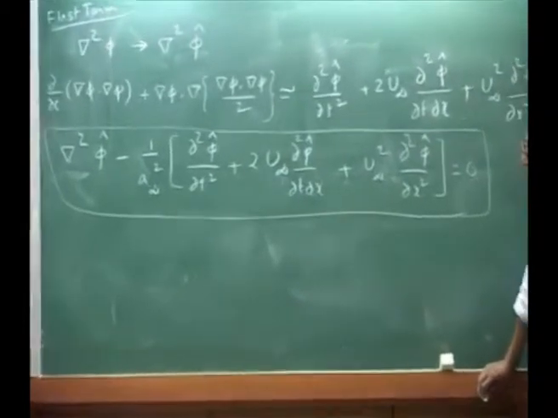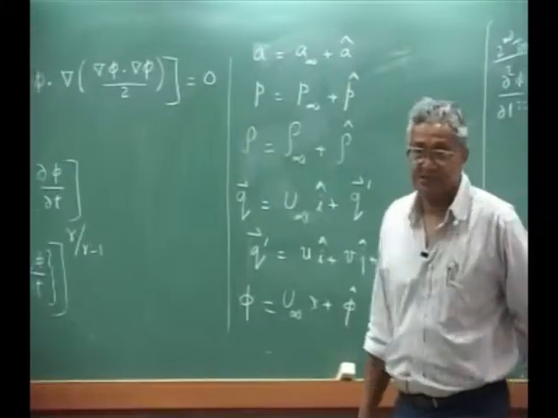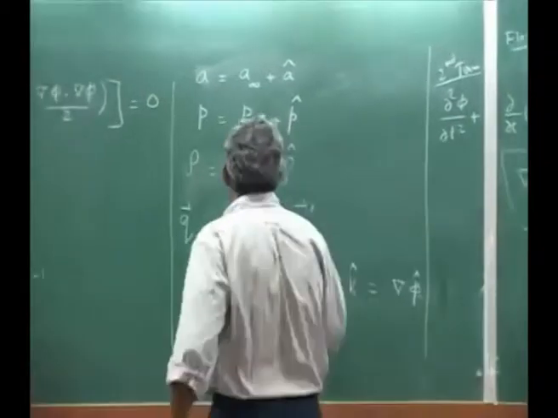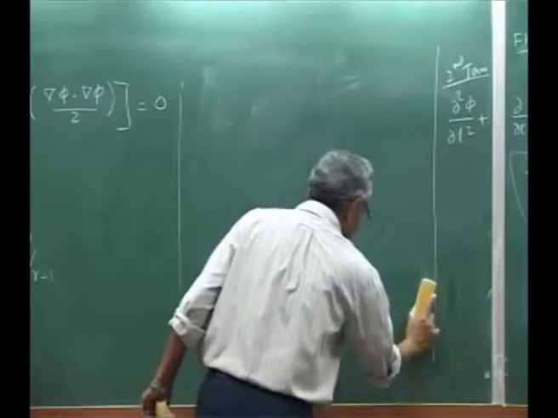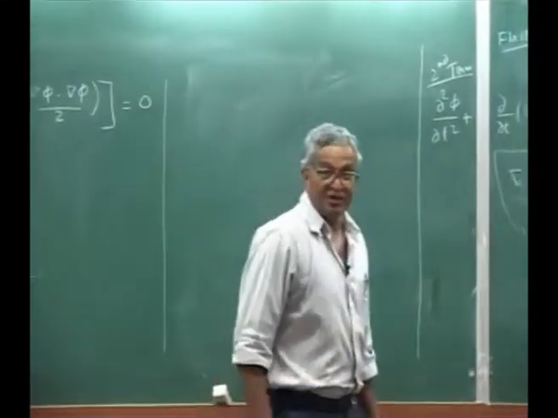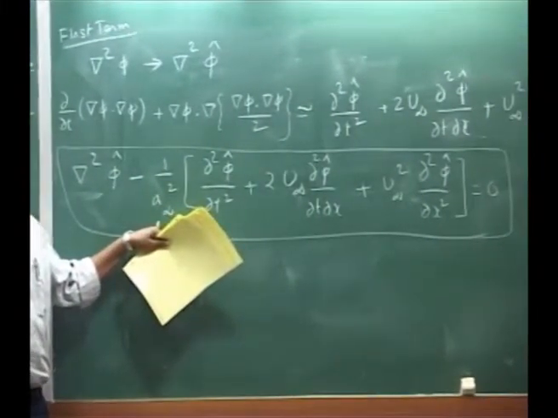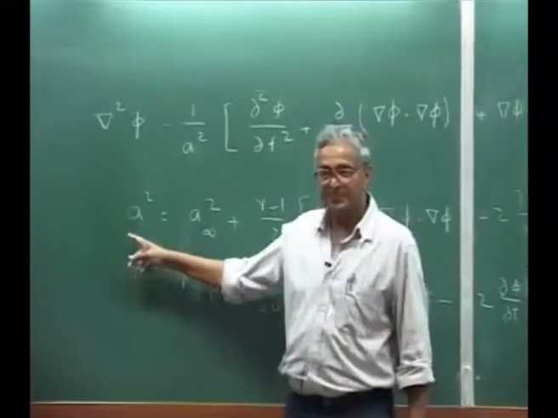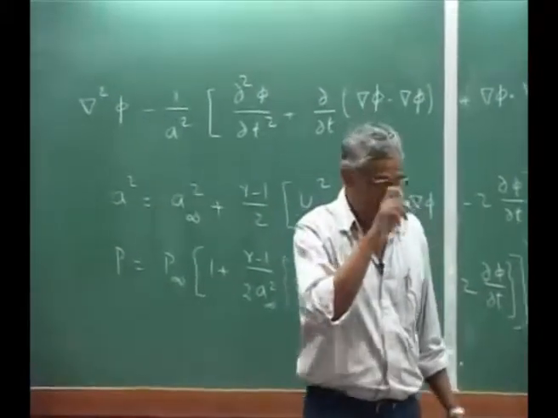Now what are we going to do with the pressure expression? Let us erase this part and write the pressure expression as well as the disturbance, because even though I use a infinity square here, I can get an expression for the local speed of sound.